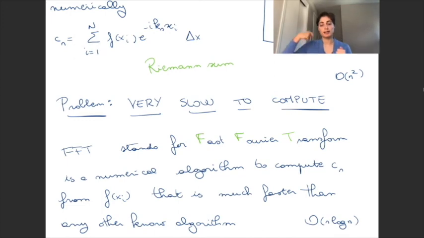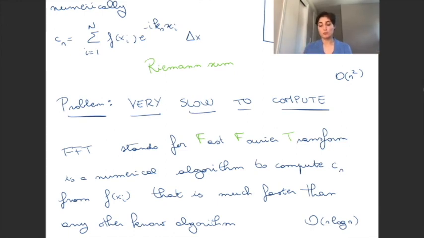So if you add new coefficients that you want to compute, this goes up at the speed of n squared. While the new fast Fourier transform algorithm takes time proportional to n log n, where the logarithm can be taken in any base that you like. So you can take a very large base logarithm that grows slower.